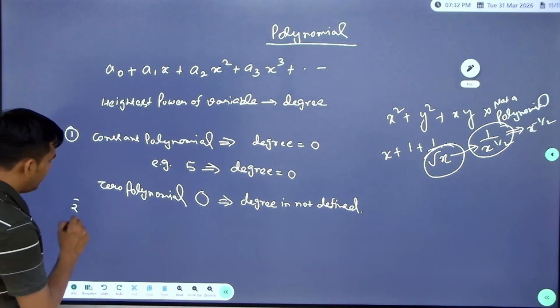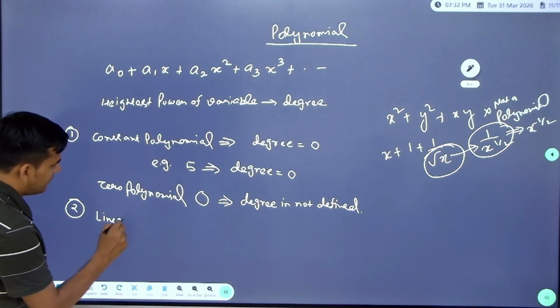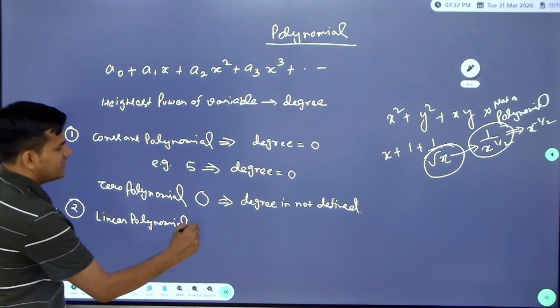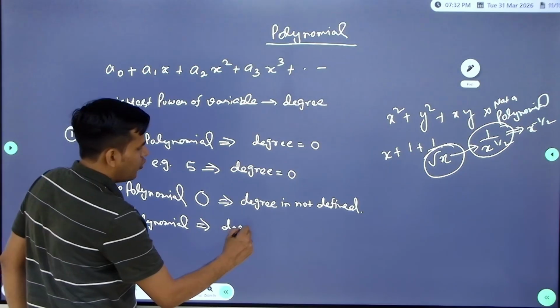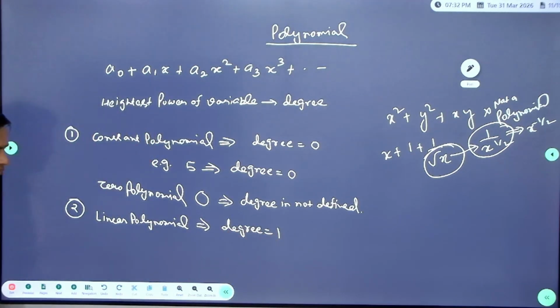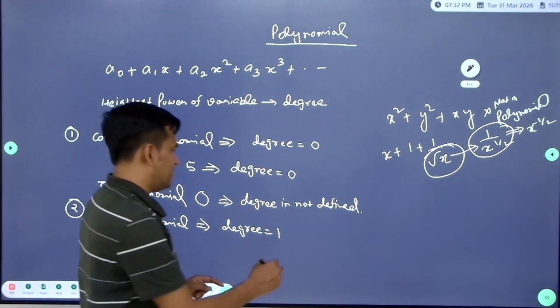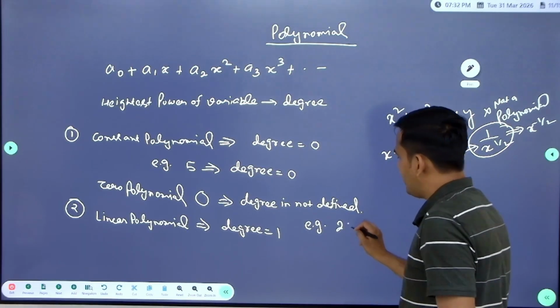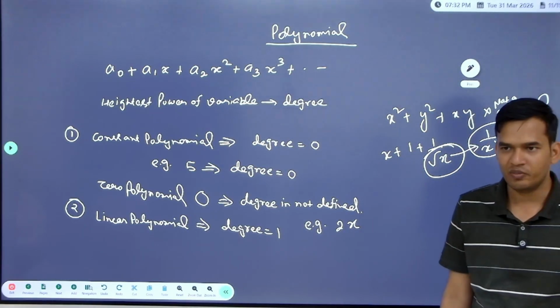Then the second one, linear polynomial. Linear polynomial is a polynomial with degree equal to 1. So, what are the possible examples? 2x. 2x is a linear polynomial.